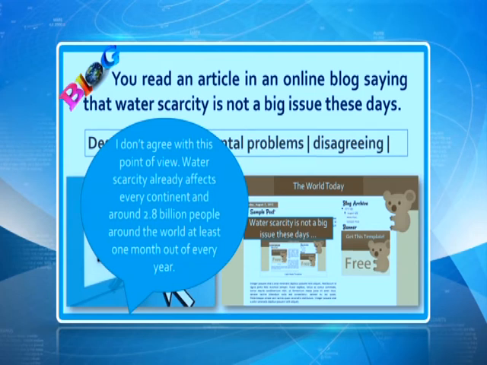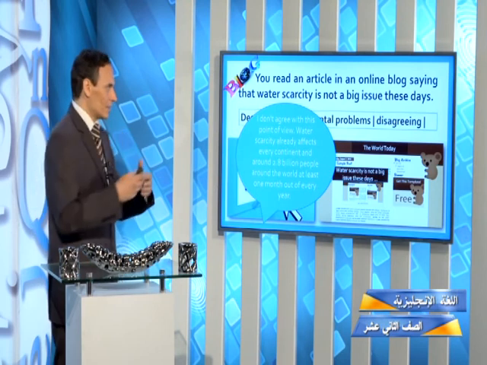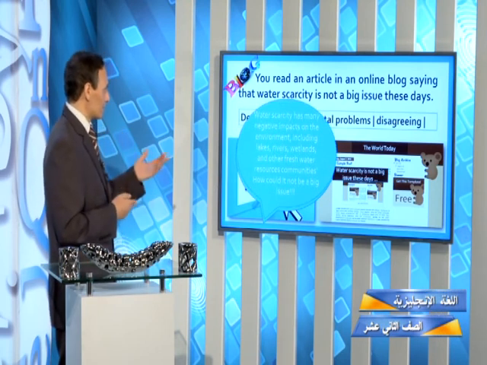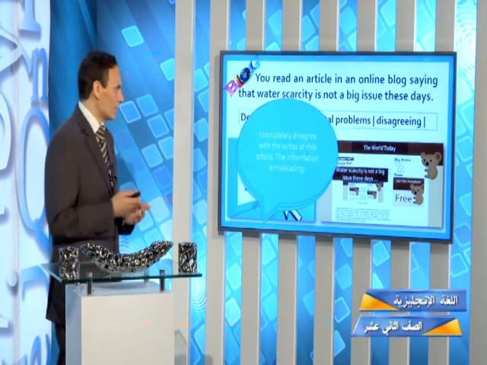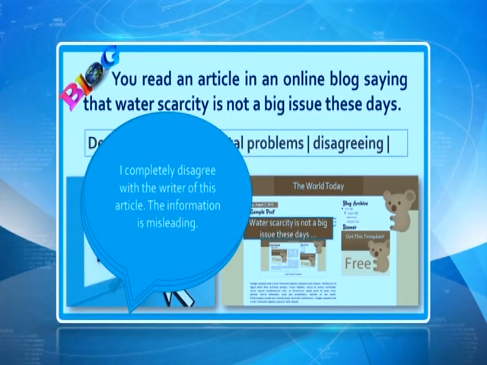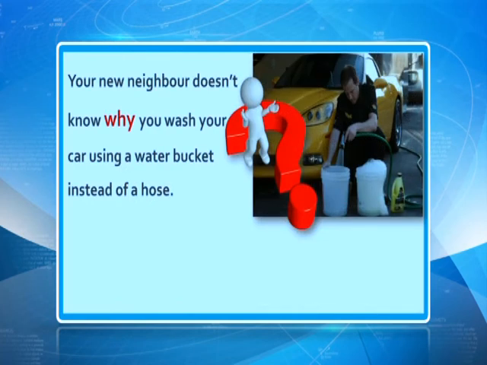This is an elaborate answer. You can simply say, I completely disagree with the writer of this article. The information given is misleading. So simply you can just express your disagreement by saying, I disagree or I don't agree, and so on.